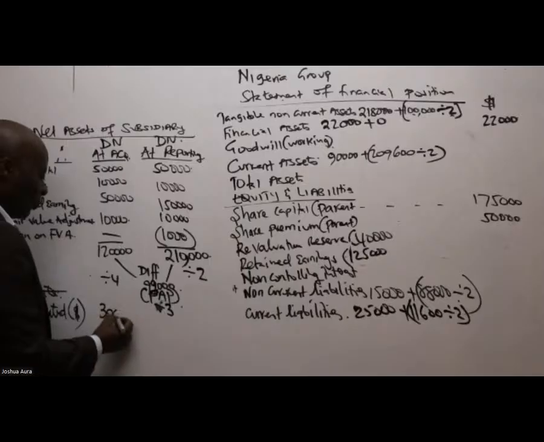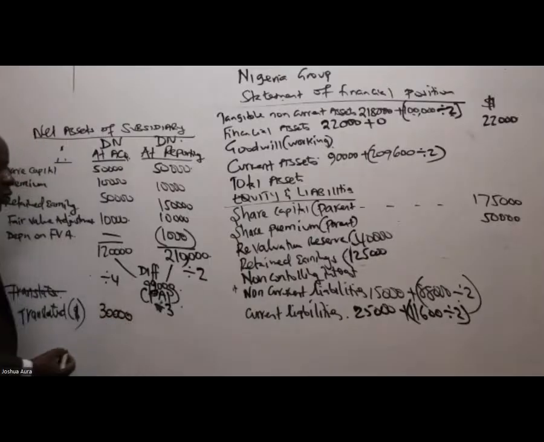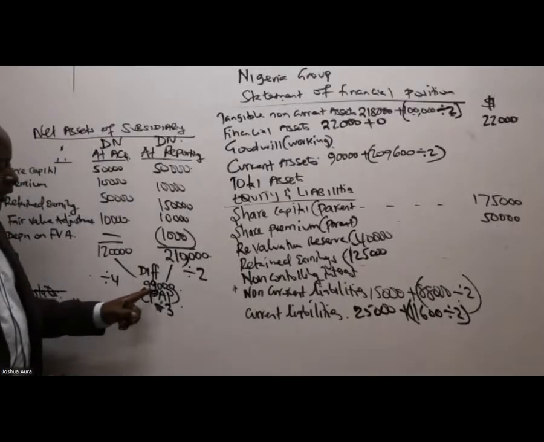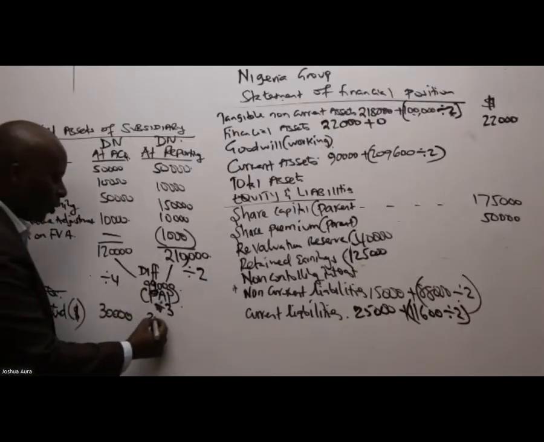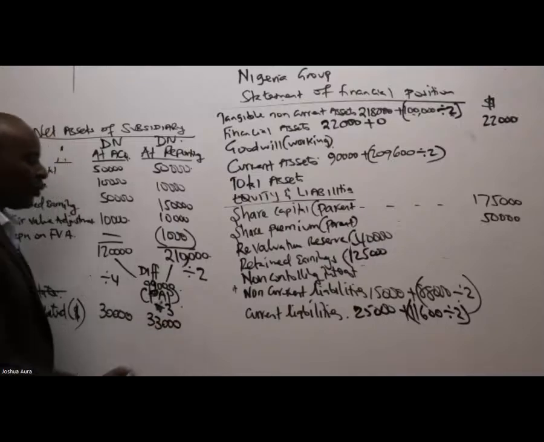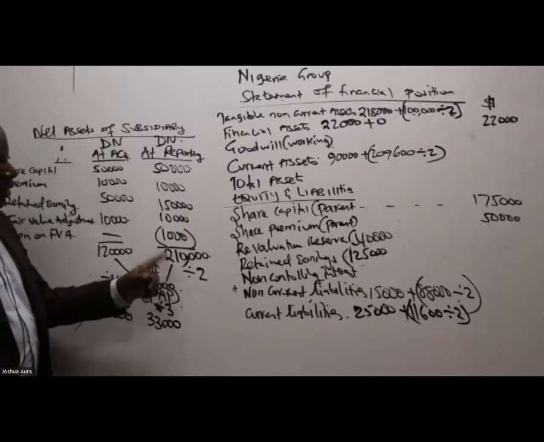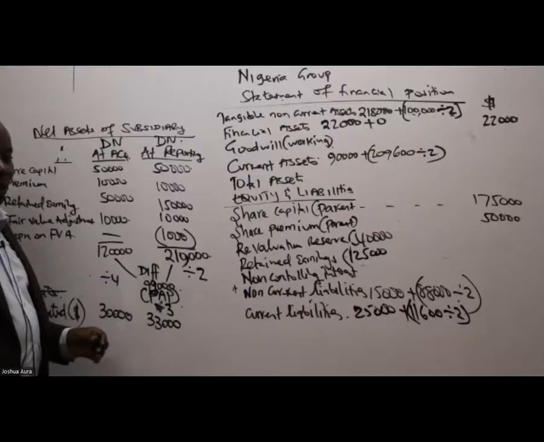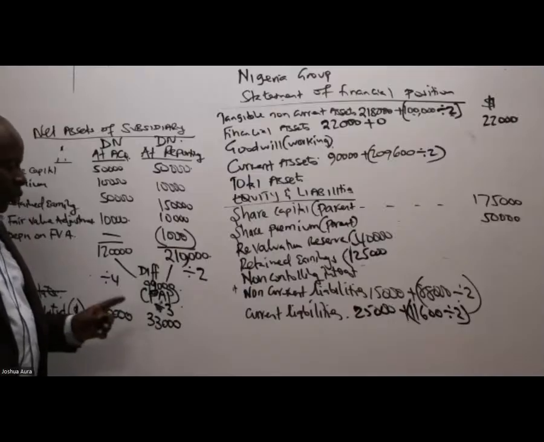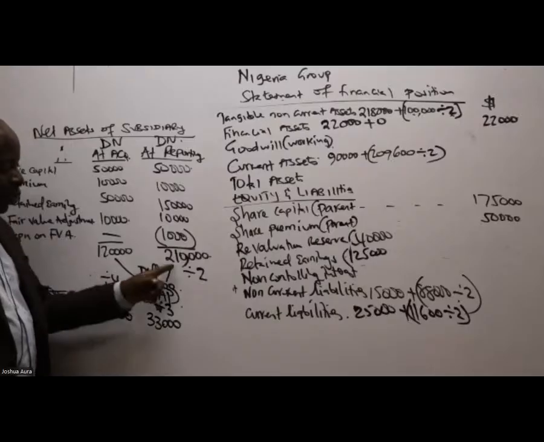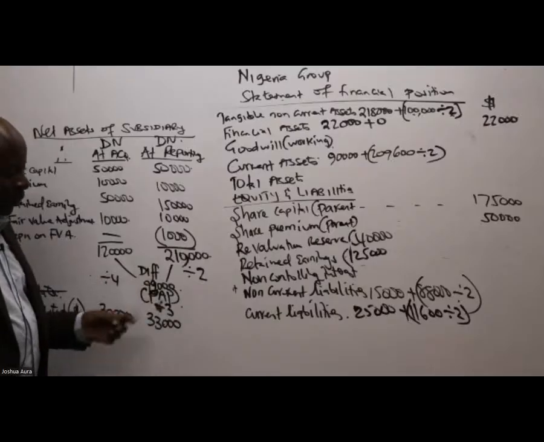Somebody is giving me a figure of 30,000. Thank you very much. And then we have 99,000 divided by 3, which is 33,000. And then the last one, 219,000 divided by 2. It gives me what figure, somebody?